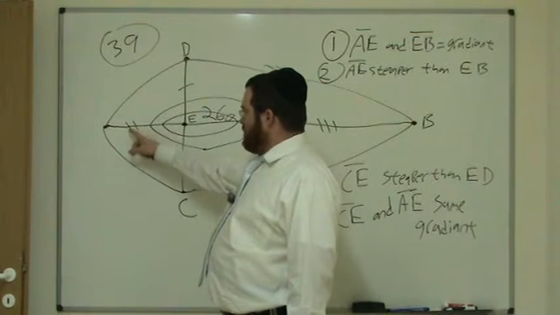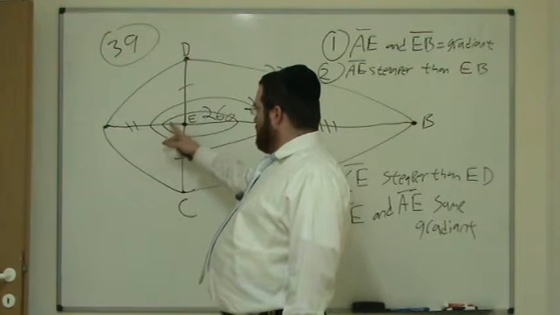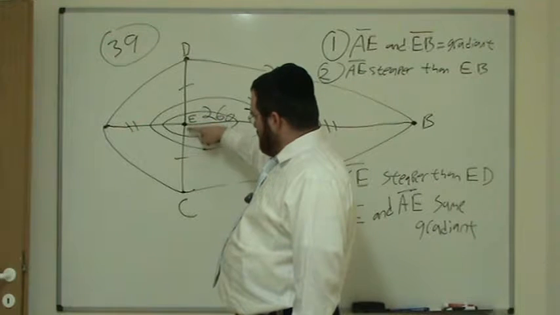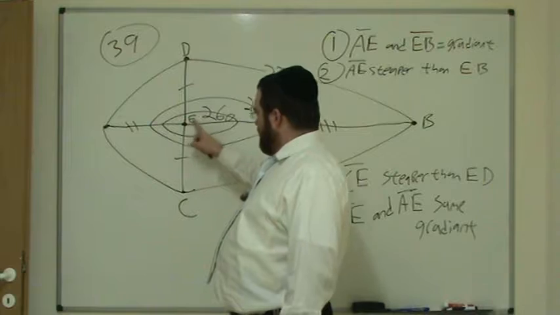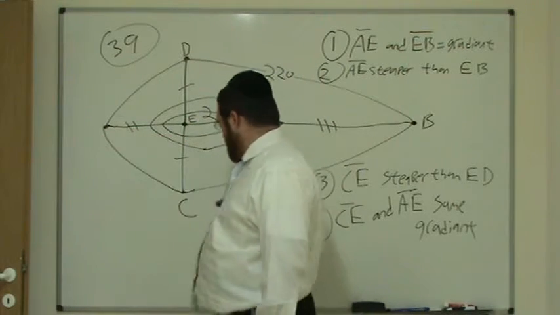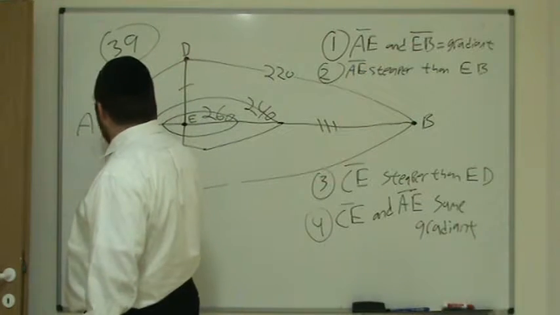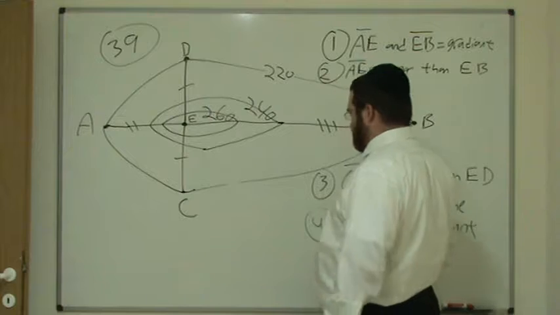You could see that from the first 2 ovals, from E going down to C, it goes down much steeper than it does from E to A. Should be an A over here. From AE is not as steep as from DE or CE.